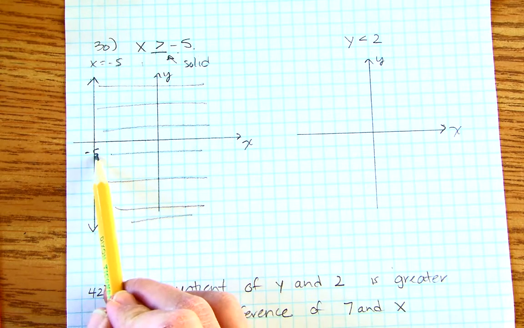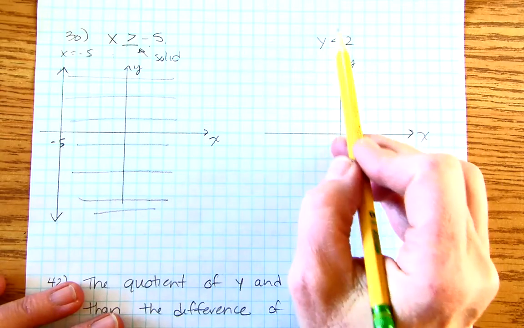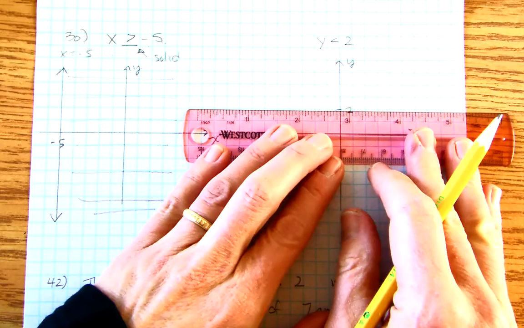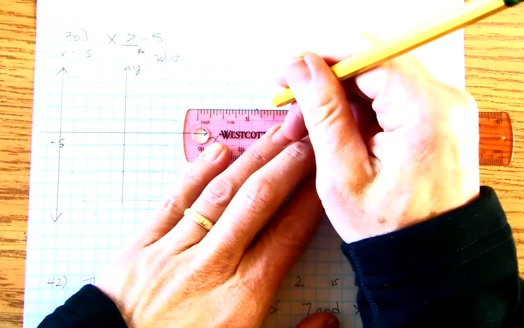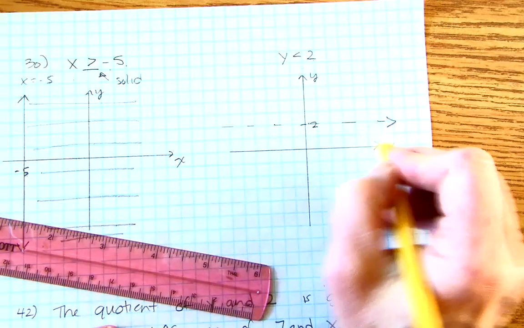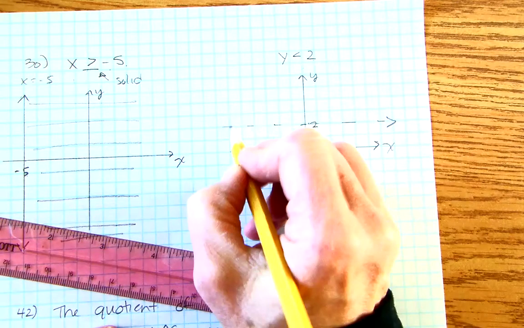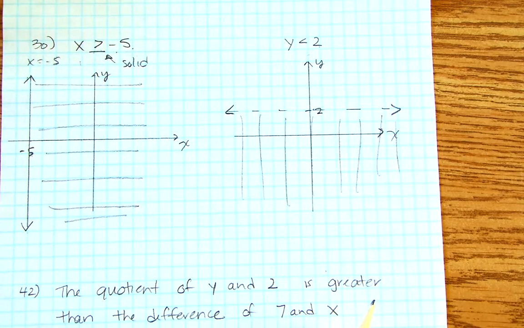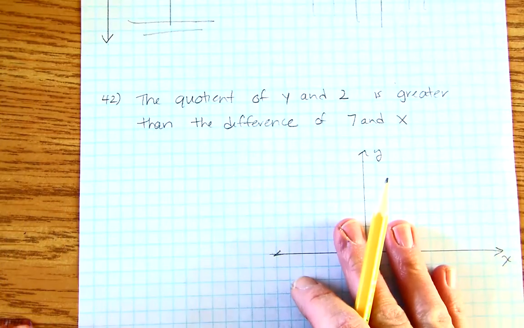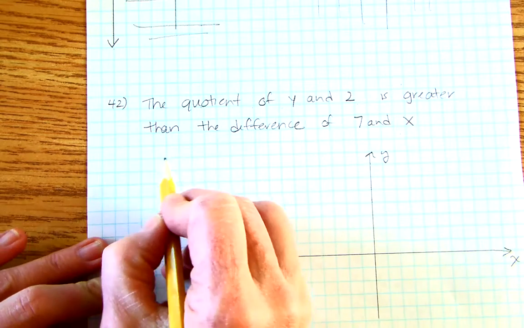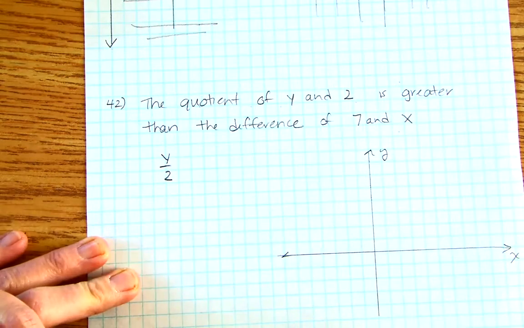We can tell these are all solutions. My boundary is the x value. Since I can't be equal to 2, I'm going to shade below.